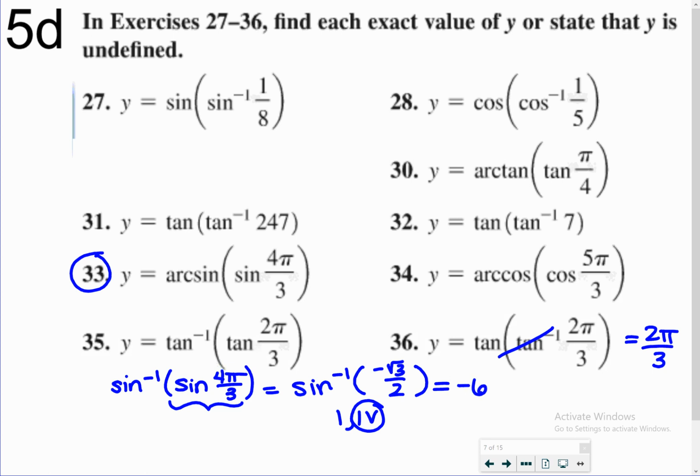Except, hold on. This problem doesn't say what to write your answer in, but you should know what to write your answer in for this problem. Radians. Why does your answer have to be in radians? Because it's a radian problem. So you know it's negative 60. What's 60 in terms of radians? Negative pi over 3. And again, we only listed the negative angle because it was in quadrant 4. That's our special case.